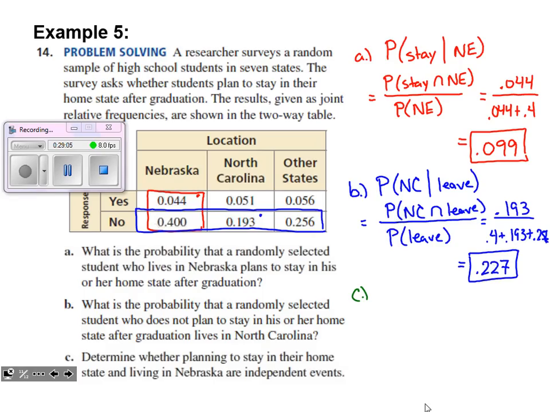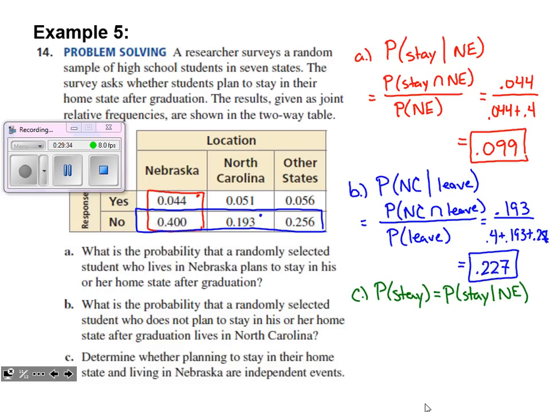If we think about the probabilities, this should make sense. There's a quick check. Is the probability of staying, just in general, the same as the probability of staying given that you're in Nebraska? In other words, is it the same thing regardless of whether or not we live in Nebraska?